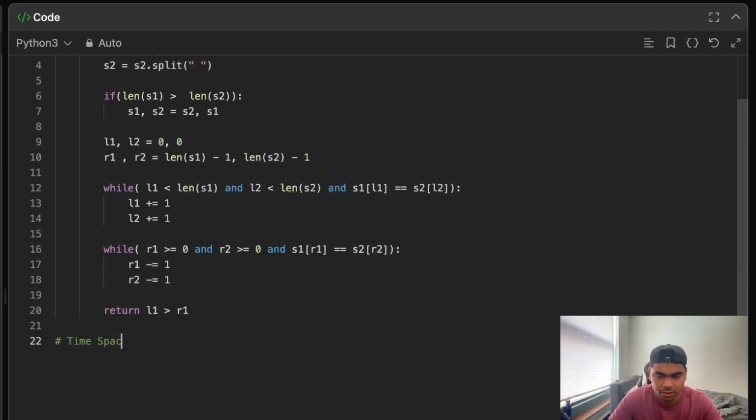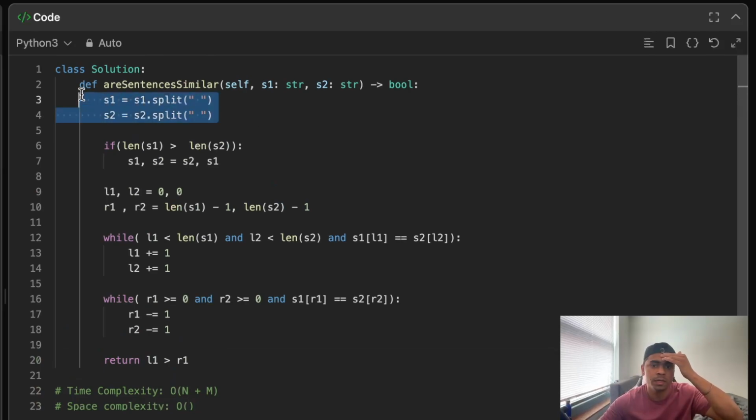Time complexity is going to be big O of n plus m. Yeah, don't come after me, it's one of the stupidly complicated problems, I guess. Time complexity and space complexity, but I think it's a very useful scenario as well. And space complexity, because we're splitting, also occupies the same length.